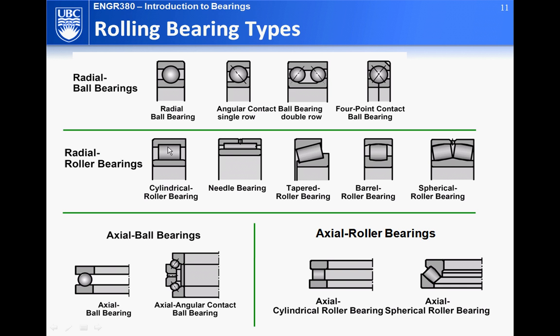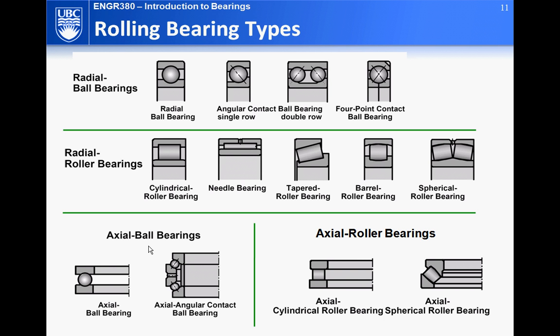Now it's roller bearing, so it's not a ball anymore, it's a roller. You have cylindrical, needle, tapered, barrel roller, or spherical roller bearing. And these two are the axial ball bearing and axial roller bearing, which are mostly used to take the thrust loading.